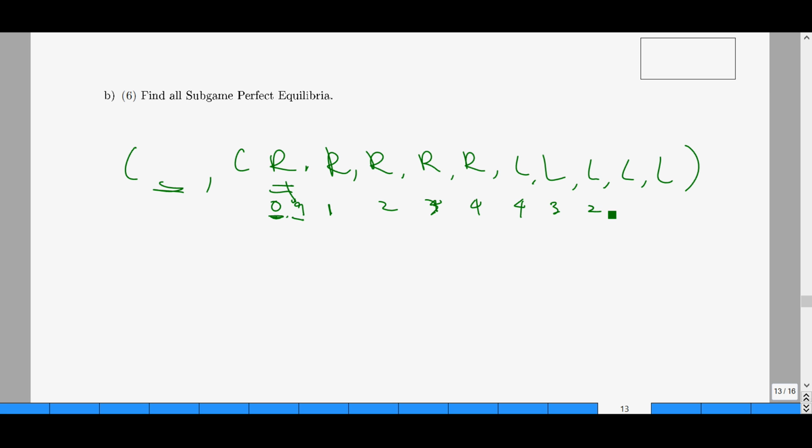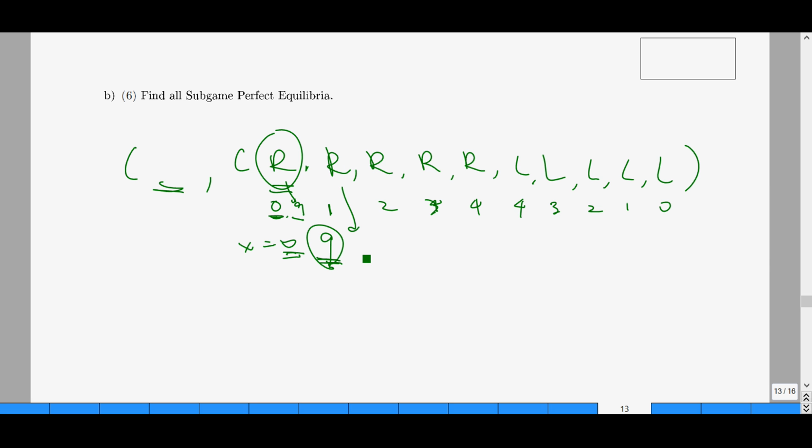This may be unclear, so let me do this again. This is the second person. My sister will choose the right pile if I put 0 on the left and 9 on the right. Then I get 0, because my sister will take 9 and I will only get 0.